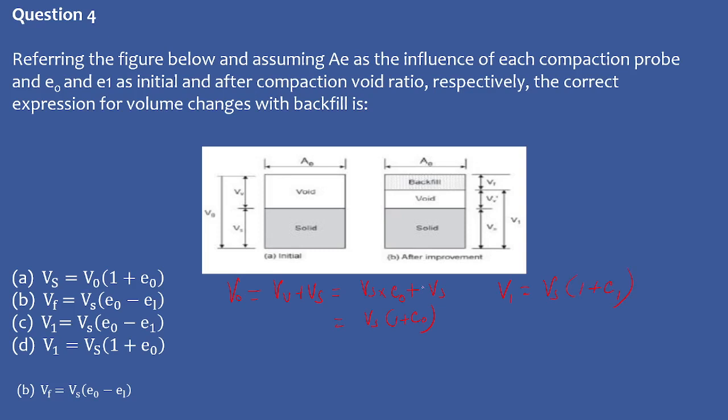Since the change in the volume is given by V0 minus V1, we have Vs times (E0 minus E1). V0 minus V1 is the change in the volume, and that is being filled by backfill. So it's given as Vf equals Vs times (E0 minus E1). So yeah, that is your answer.